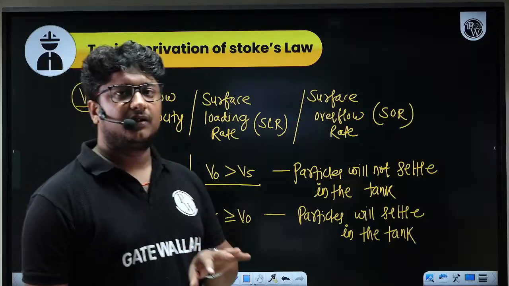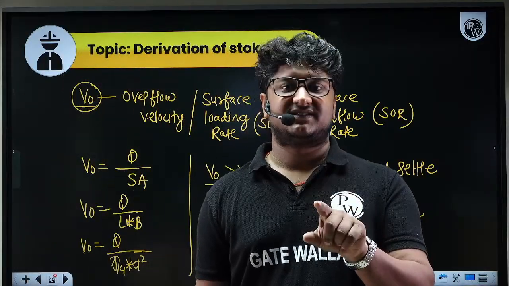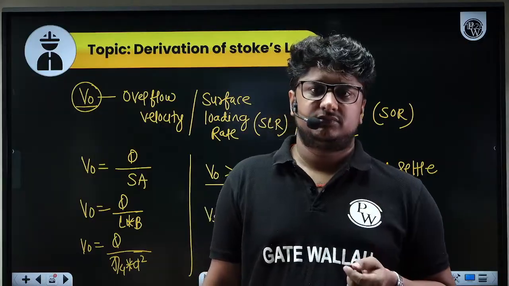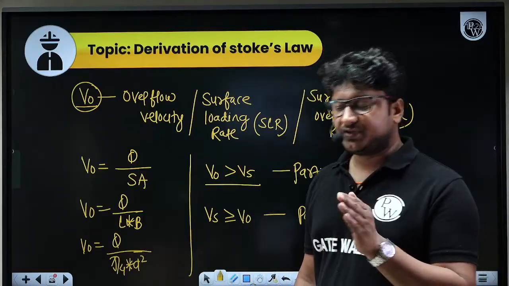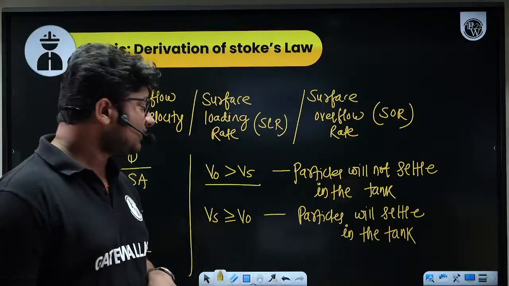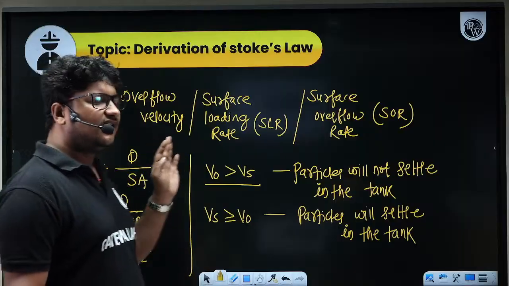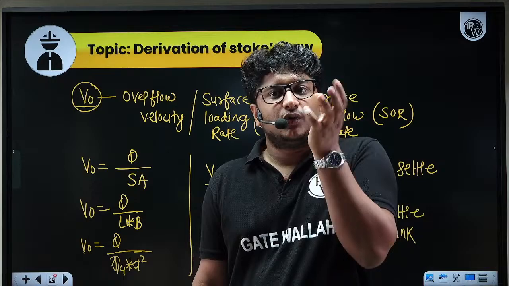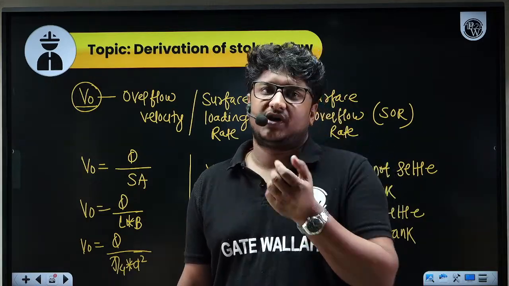Here remember, Vs depends on the particle's diameter and the liquid both, so it depends on the particles and the flow property. But V naught, as you have seen, is Q upon surface area, and Q is constant for a design, so it only depends on the surface area, which is basically the tank property.